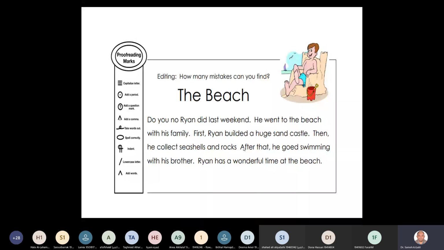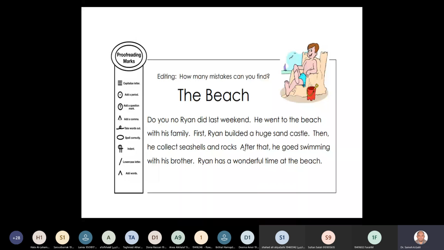Doctor? What chapter are we in now? We're not doing a chapter right now. We're doing editing, and editing is from outside the book.